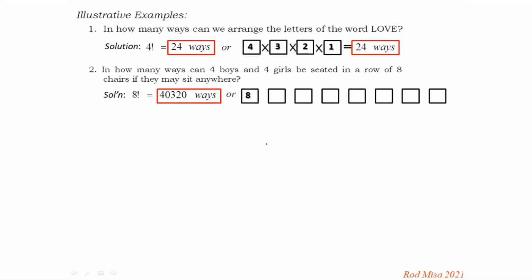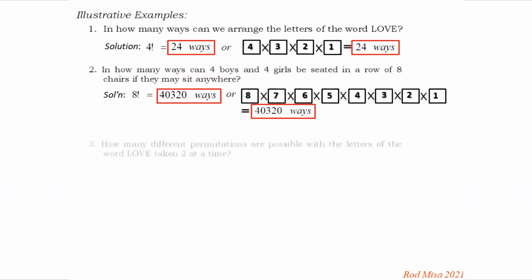In the second chair, if one of them has seated already in the first chair, I am left with 7 students in the second chair. And in the third chair, 6, the fourth chair, 5, and so on and so forth. And then multiplying these numbers, we get 40,320. And you can see that our answers using the 2 methods are just equivalent.